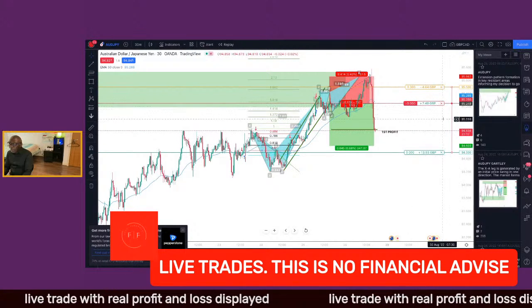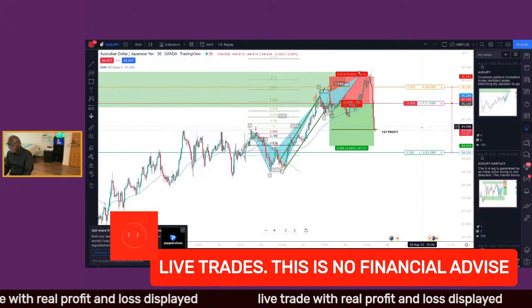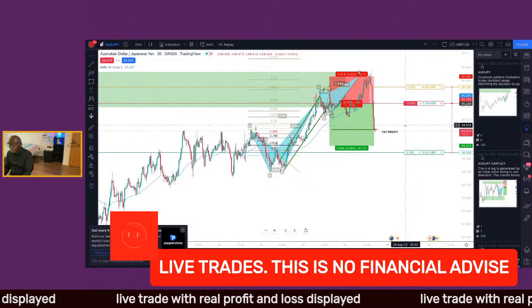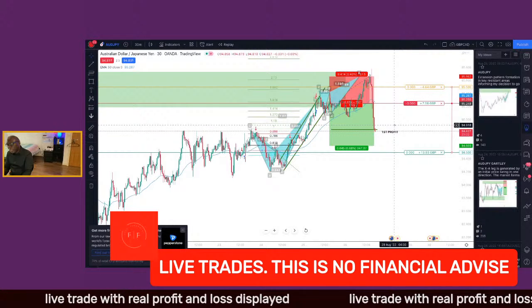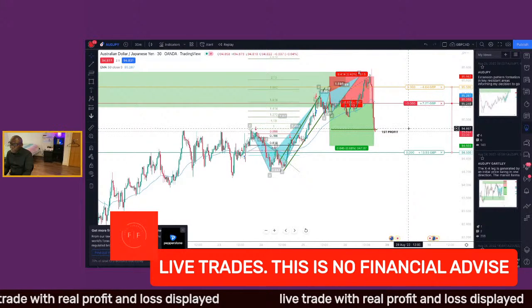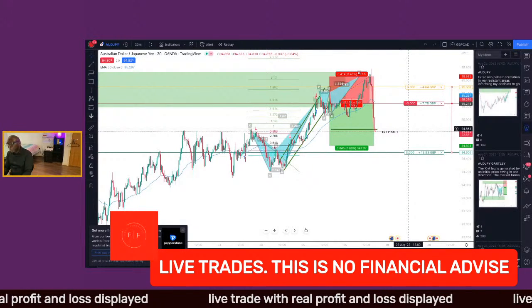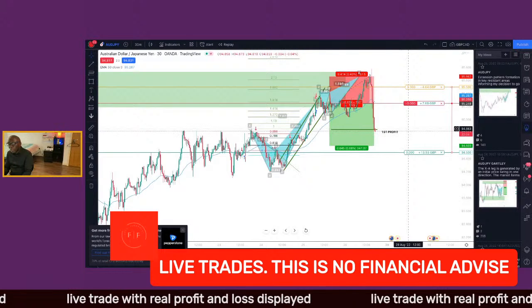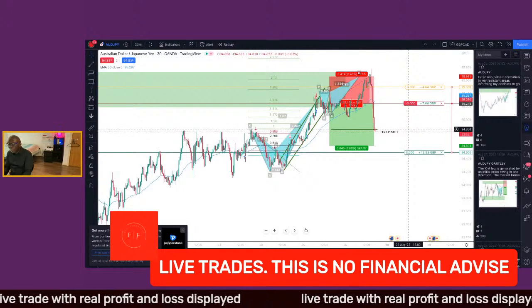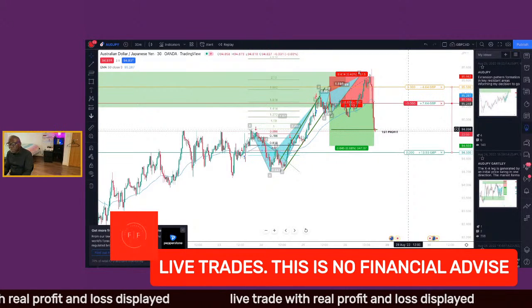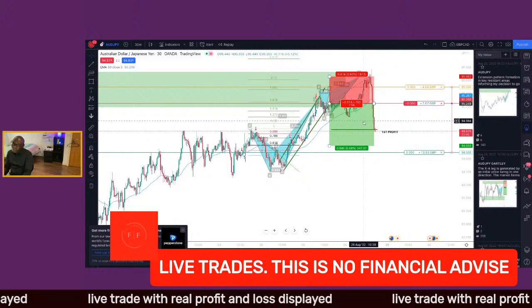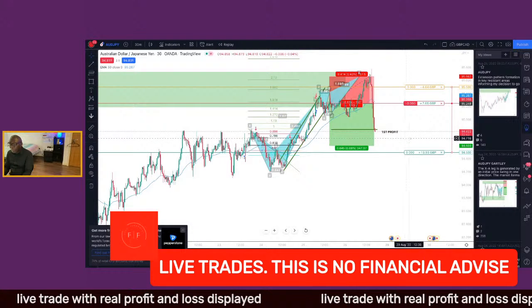Granted, it's a small amount of money. That's probably someone's lunch or dinner, whatever you want to call it. But it's still a real live trade with a positive outcome. I know that trading can have a negative outcome any time of the day, but as of now, this is a positive outcome based on the analysis that I've made, and I'm happy with that.